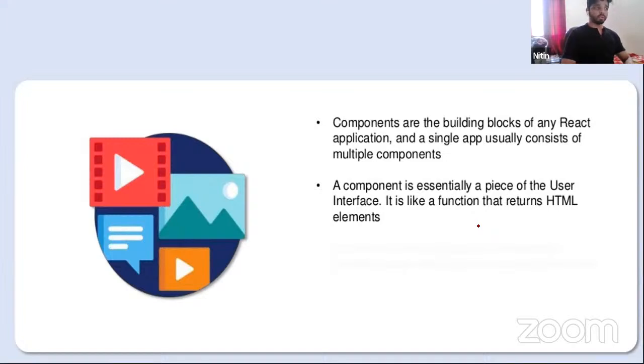It is the place where you put your JSX. If you remember from yesterday, we write JSX instead of HTML, because we are writing in JavaScript, and JavaScript does not directly support HTML. So JSX is basically JavaScript plus HTML.